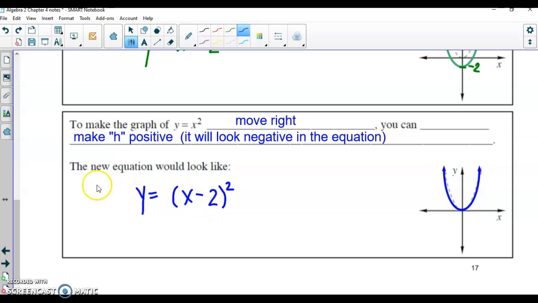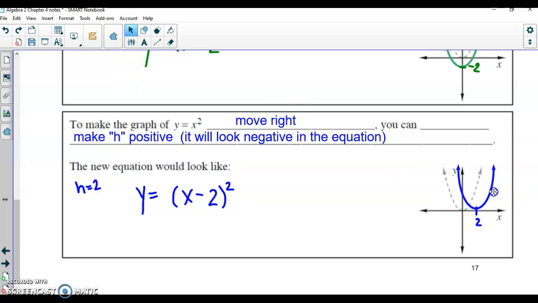That means h equals 2 in this case. So the vertex h shifts my parabola 2 units to the right. Again, the parabola size and shape does not change. I'm just shifting the vertex 2 units to the right.